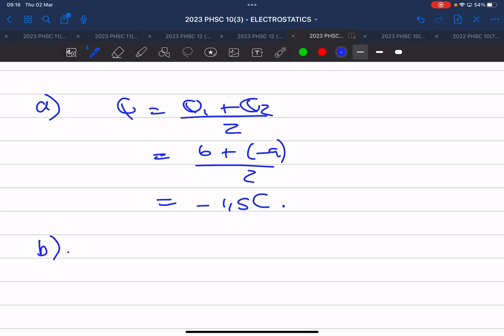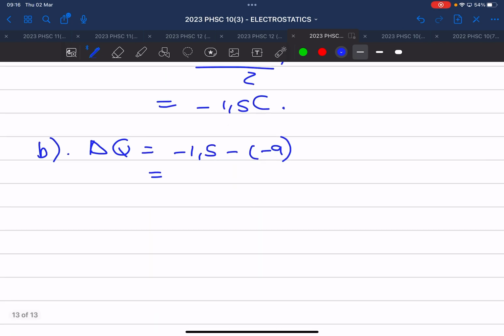Alright, next one. B, they say how many electrons were transferred during this contact? So right. Let's look at this one. This one gave away the electrons, right? So it was negative 9, now it's negative 1.5. So the change in charge is 1.5 minus 9. And that gives you what?